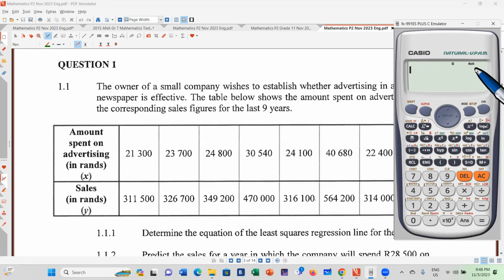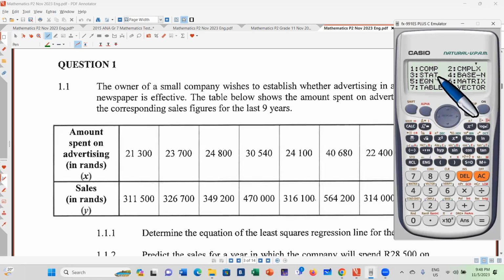It doesn't matter whether you have a Casio calculator or any other, your Sharp, etc. If you want to find the equation of the least squares regression, we shall find the mean, the mode, and other things. But for the least squares regression line, you need to press the mode first. Then you look: there's comp, there's stat, there's equation, there's table, there's complex, we don't need all the matrices and the vectors.